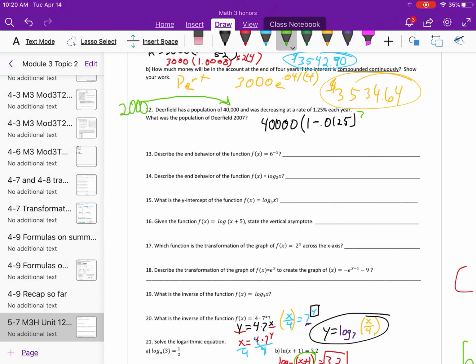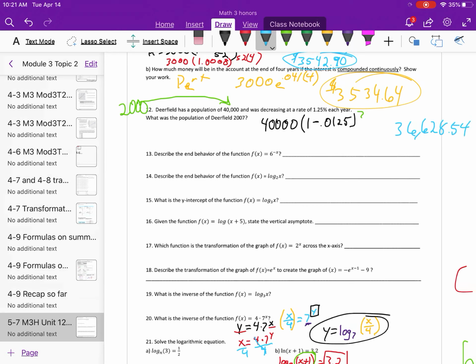But we can just type this right into the calculator. I'm actually going to do this in pieces. I know you don't have to, but I like to. I like to say 1 minus 0.0125. So I like to get that number first, which is just 0.9875. So now I have the 40,000 parentheses 0.9875 raised to the 7th power, because there's 7 years from 2000 to 2007, which gives us 36,628.54.